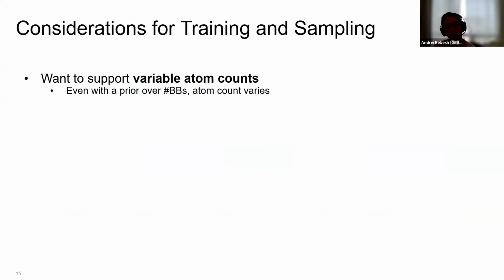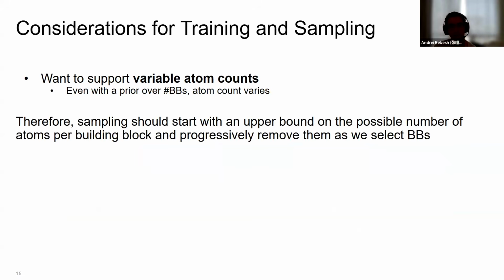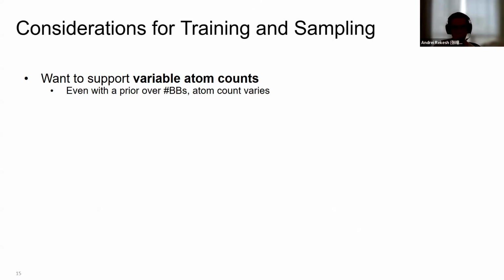When we train a model like this, we need a couple of considerations. This is all well and good, but there are a couple of things that we need to get out of the way that depart from an all-atom formulation. One is that we want to support variable atom counts.